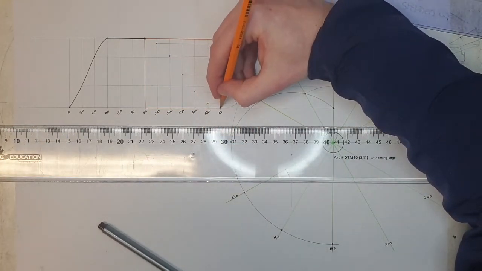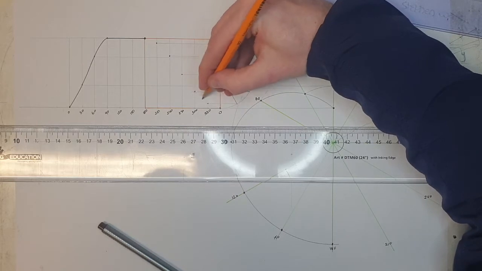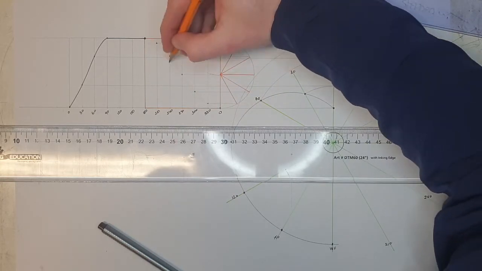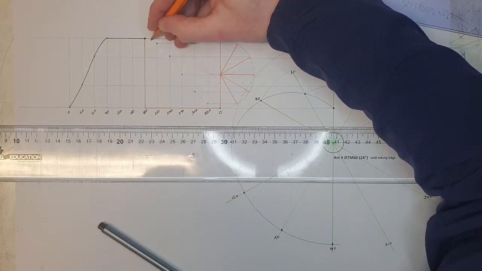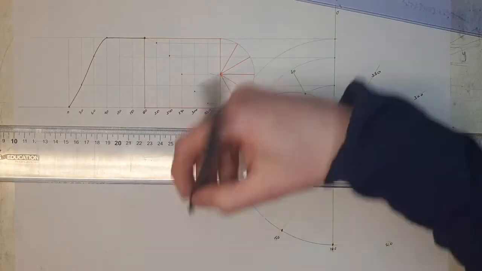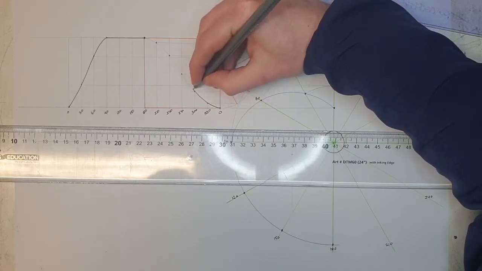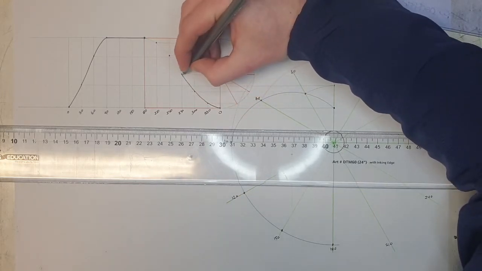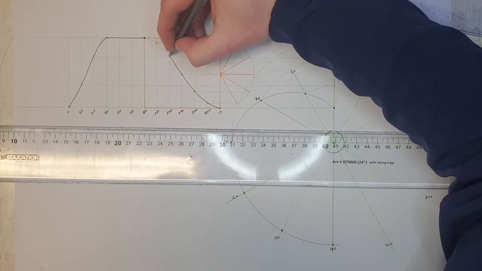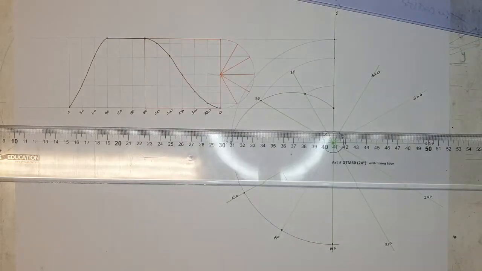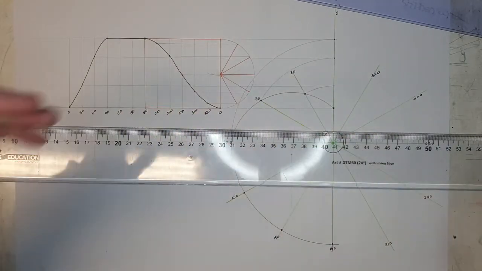And again, it's just a freehand curve. So there's our curve. Now, that's our simple harmonic motion done in the displacement.